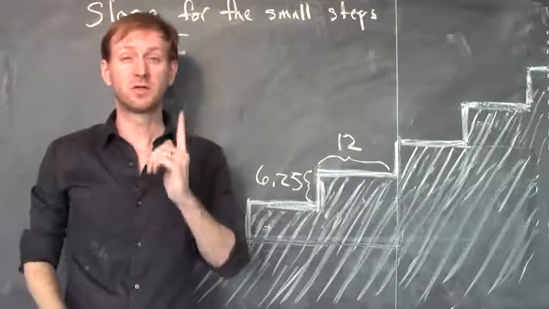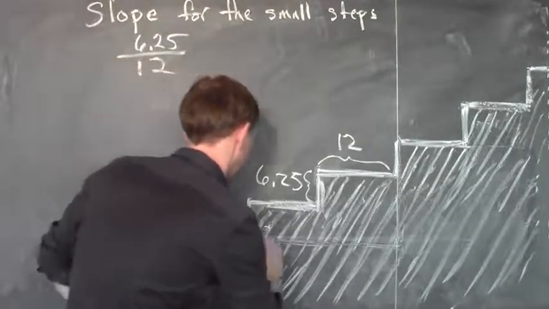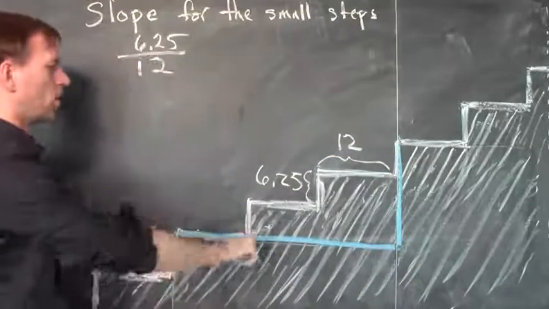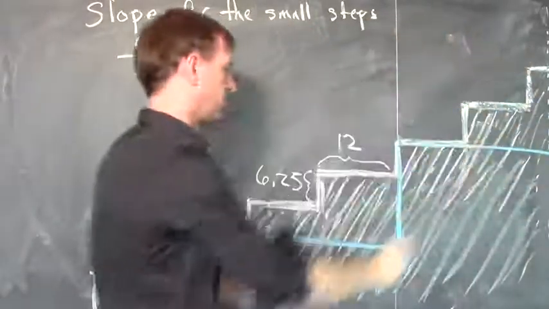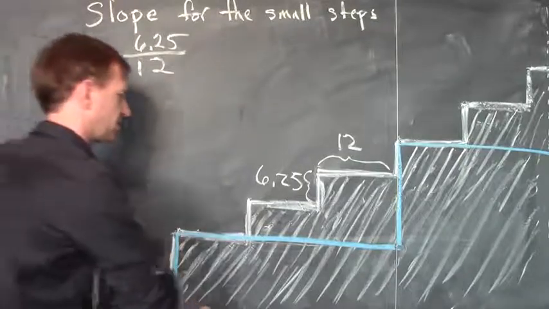But there were also large steps. Let's draw those in. Here we go. So this was one of the large steps, and then we had another one. It goes off and it climbs over there. It goes down like this. This is a large step.